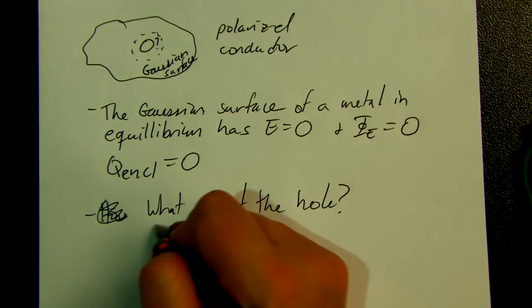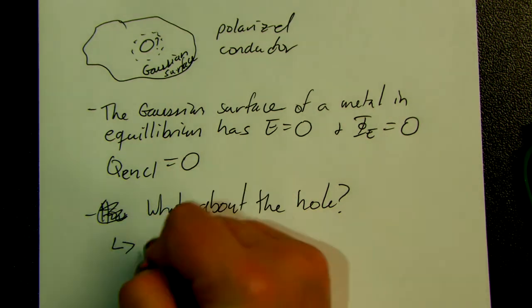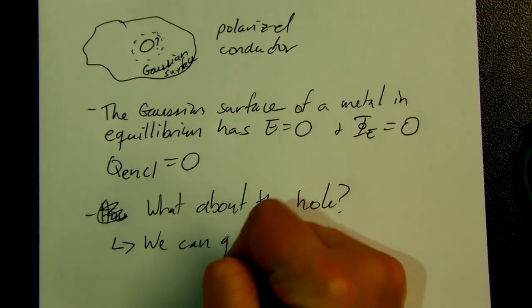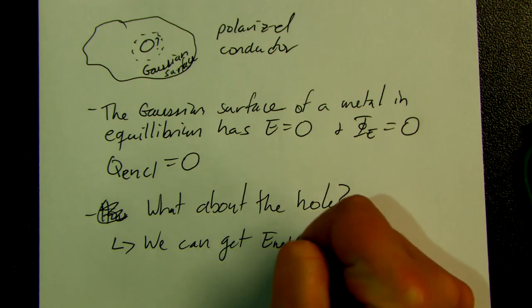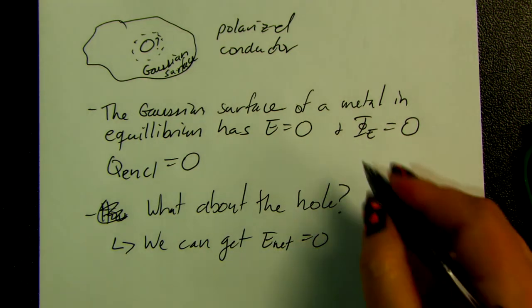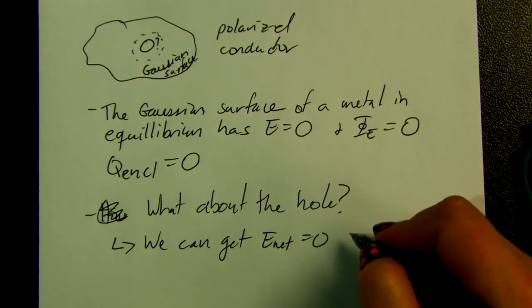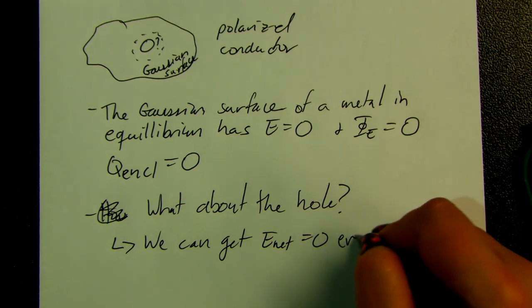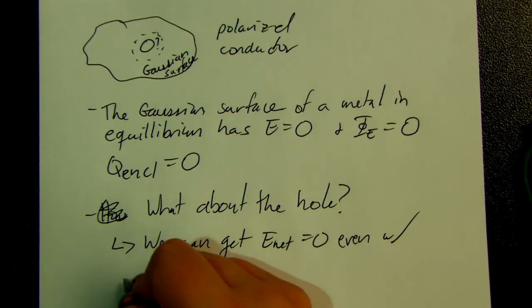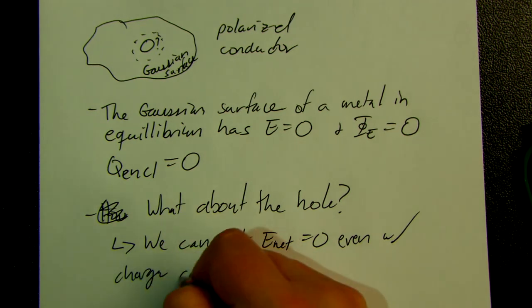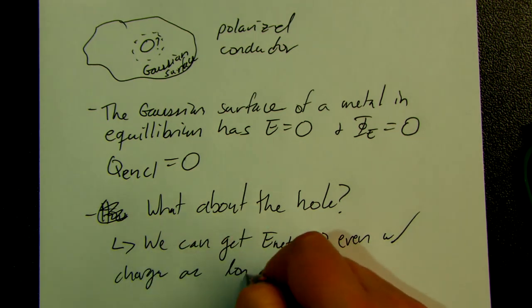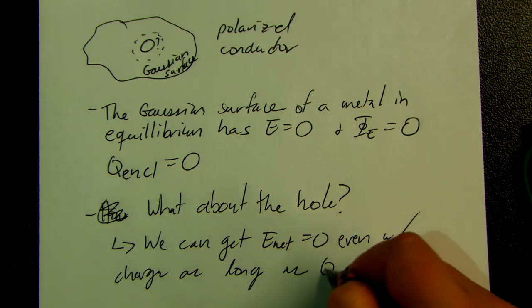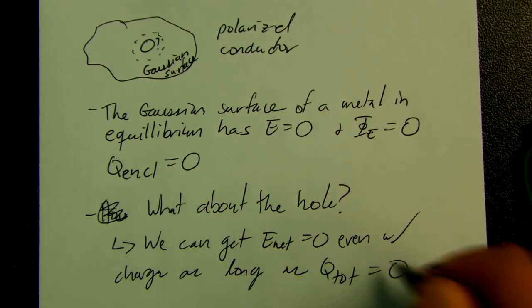And what we can see is that we get E net is equal to 0, even with charges, as long as Q total is equal to 0.